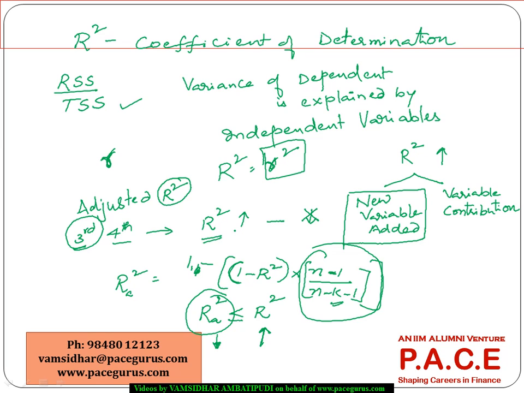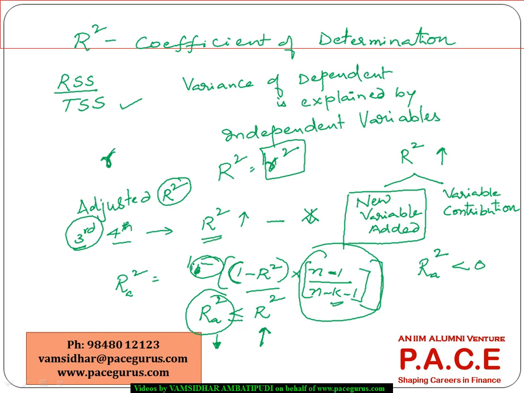That kind of a decision cannot come by the usage of R squared, but it can definitely come by the usage of adjusted R squared. And one more thing is, because it's a kind of adjustment to the multiplication factor, by definition adjusted R squared can even go less than 0. If R squared is very close to 0, R squared cannot be a negative number, but adjusted R squared, because of subtractions being done, can be negative also.